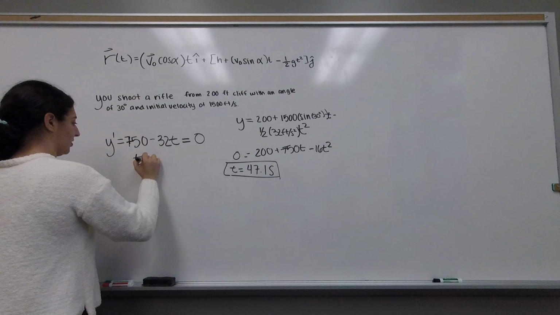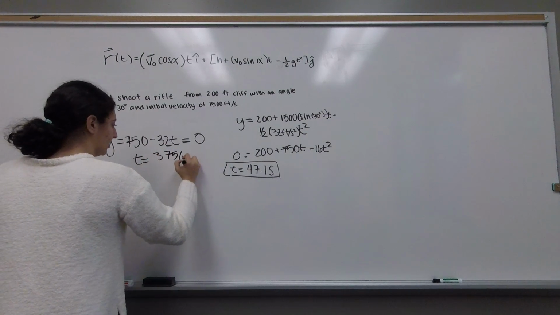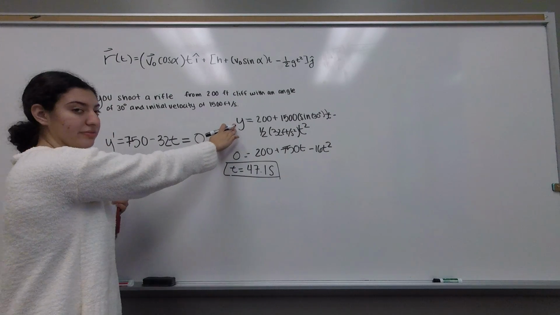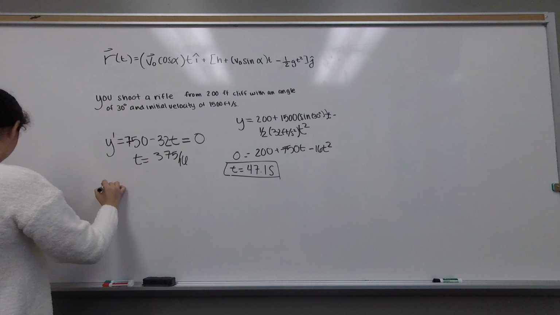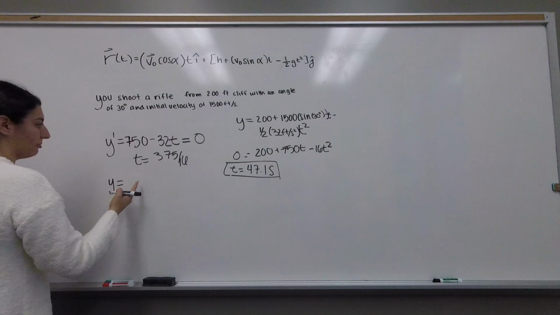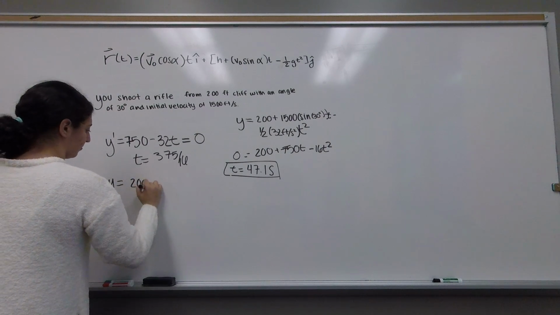t equals 375 over 16. And we plug in this t into our original y function right here. And we can find the position in the y direction at the max height time.